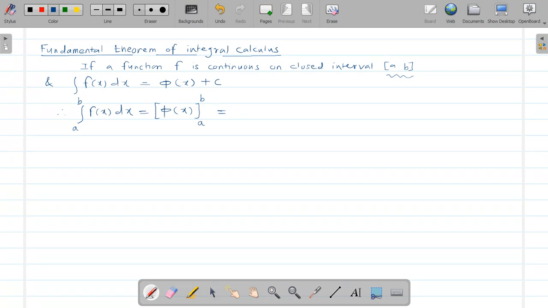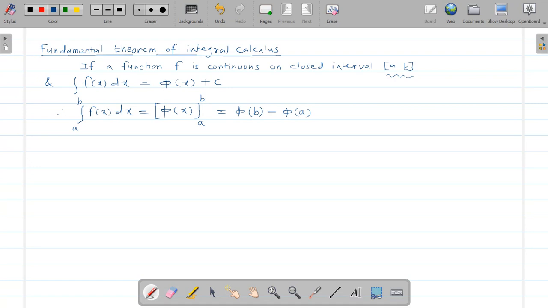To get the definite answer, we have to put the upper limit in that value of the integration. So it will be phi of b, then minus, we put the lower limit in place of x. So after getting the integration of f of x as phi of x, we put the upper limit first and then minus the lower limit.